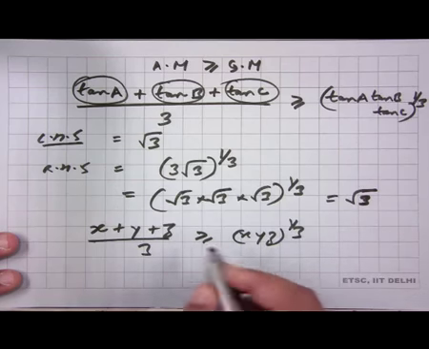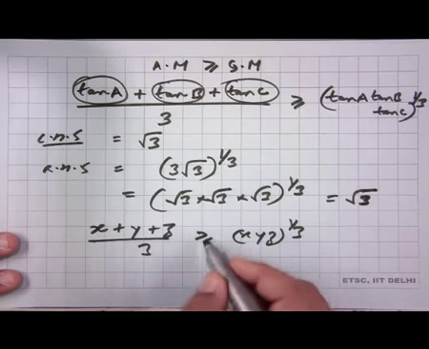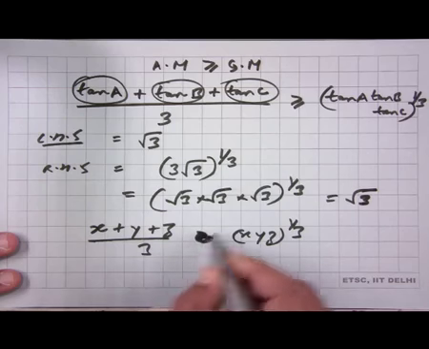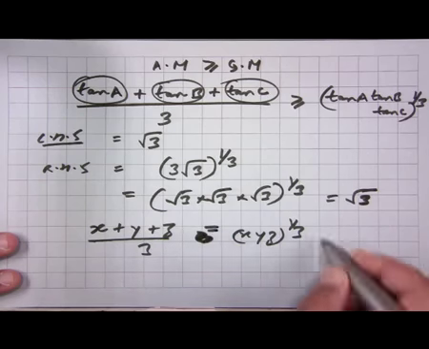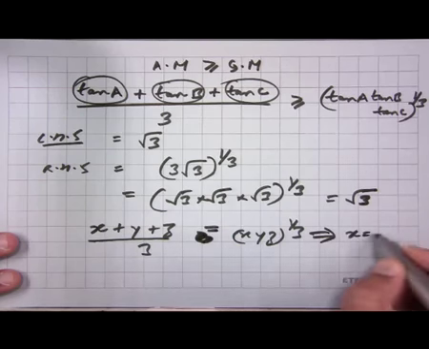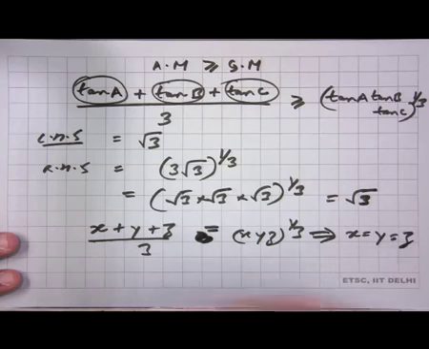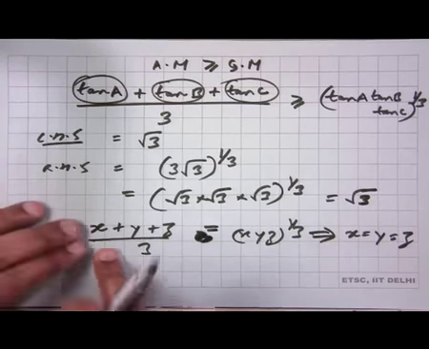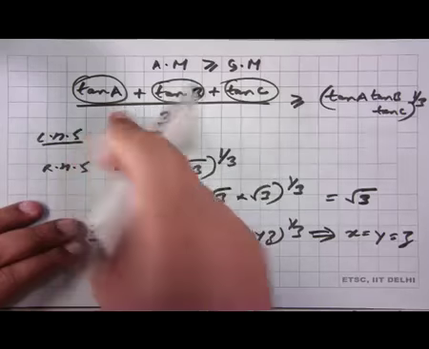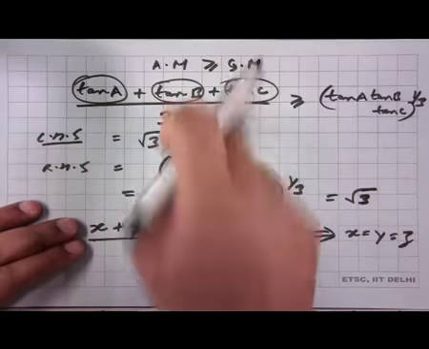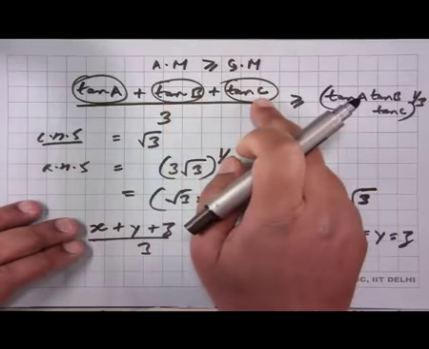But if suppose we somehow show that this is exactly equal to this, then that will imply that x equal to y equal to z. So, this is the result that we are using here with x equal to tan A, y equal to tan B and z equal to tan C.